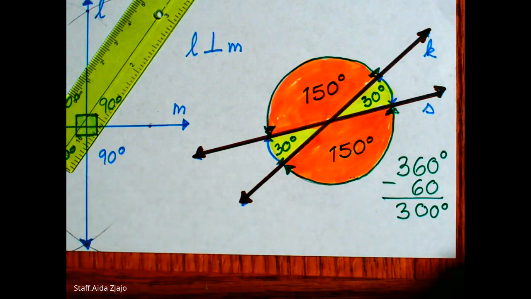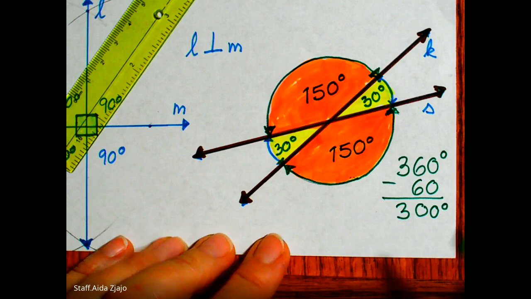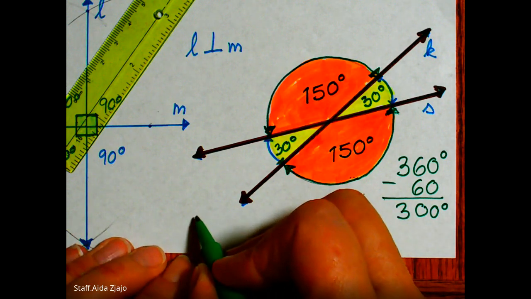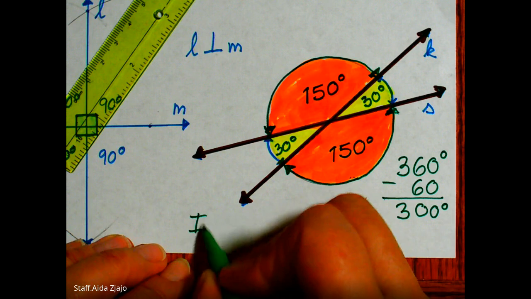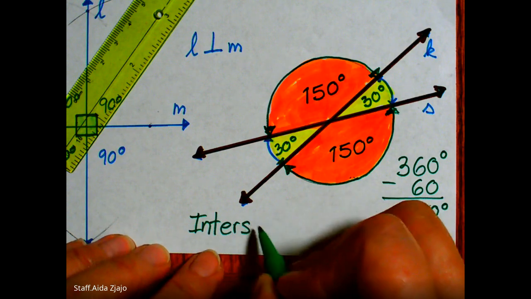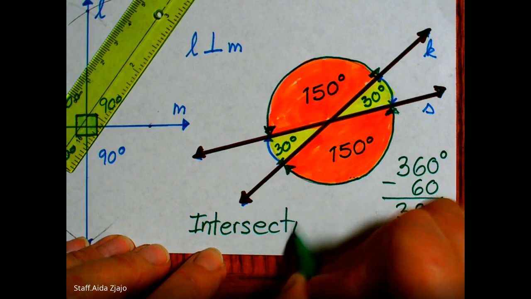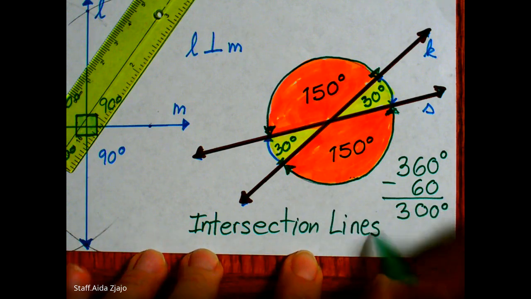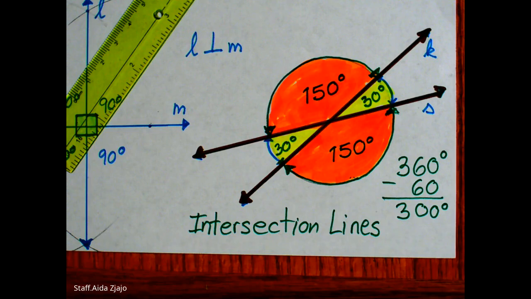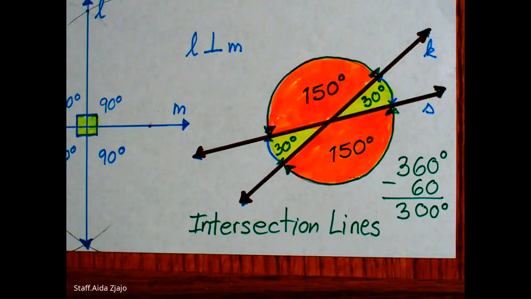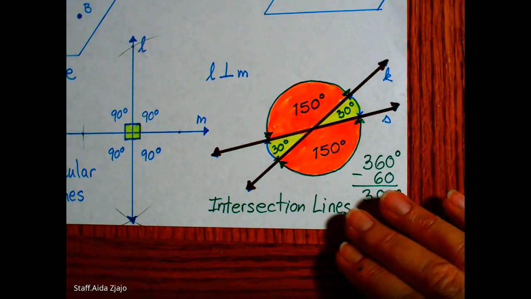And then we call these intersection lines. Intersection lines. So you can see what we did.